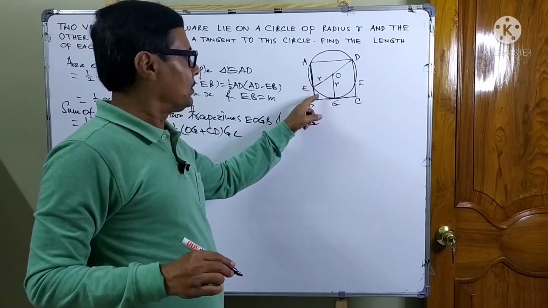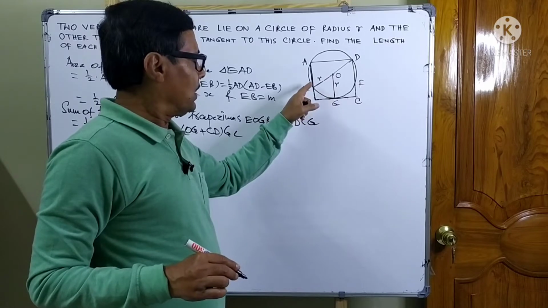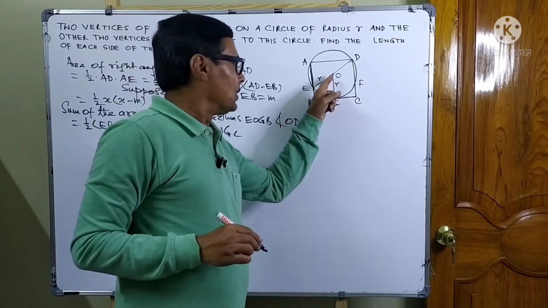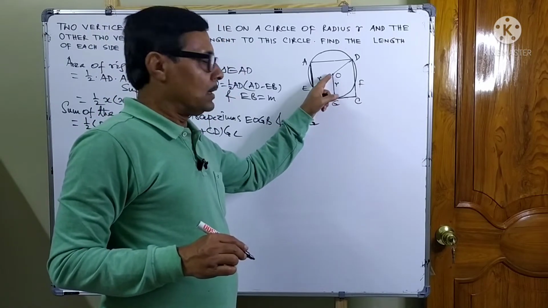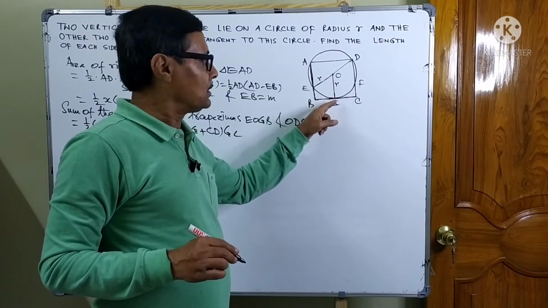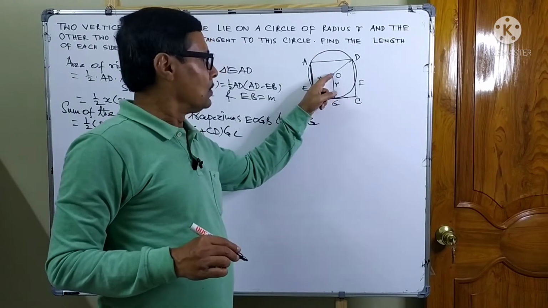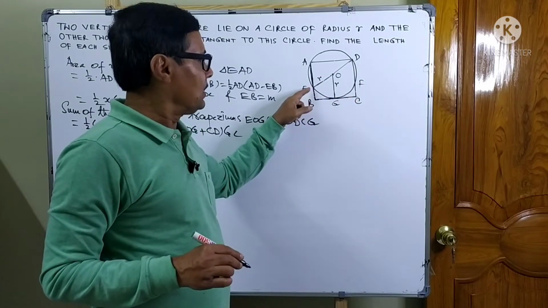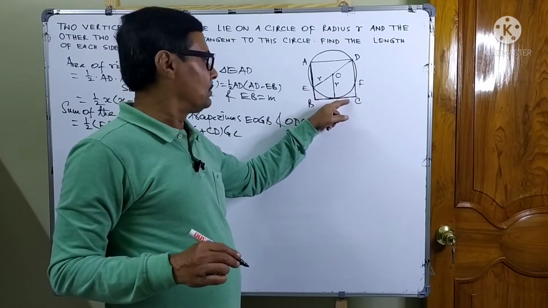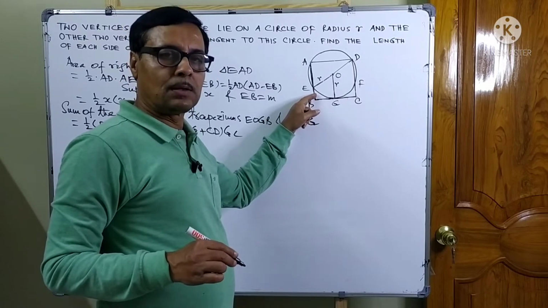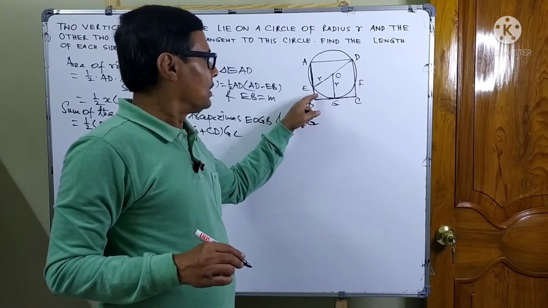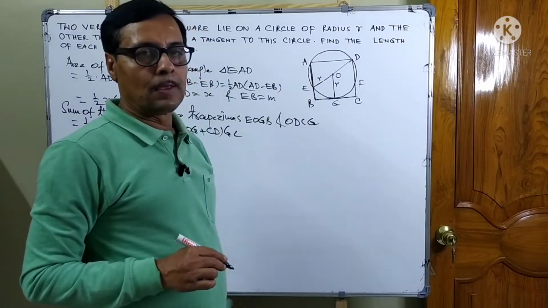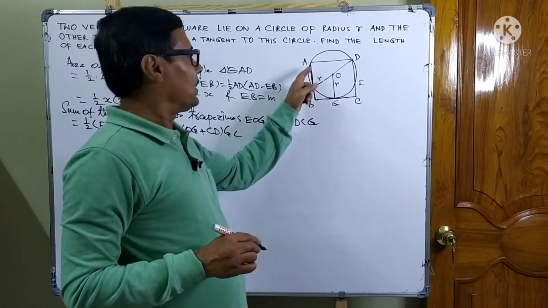EOGB is a trapezium because OG and EB are parallel, because OG is a radius of the circle passing through the point of contact. So, OG is perpendicular to the tangent BC, and also EB is perpendicular to tangent BC because this angle is 90 degree, because the figure is a square.